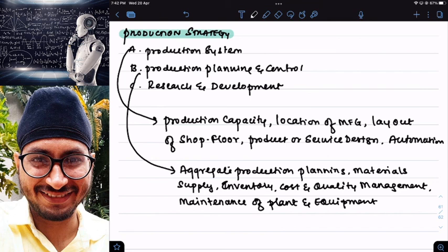Now, we have one more last strategy, sir. That is research and development strategy, which is again a part of production strategy.